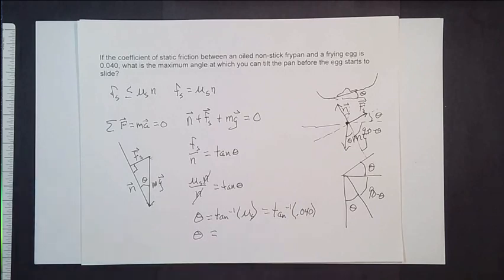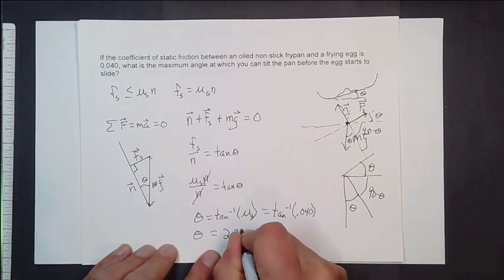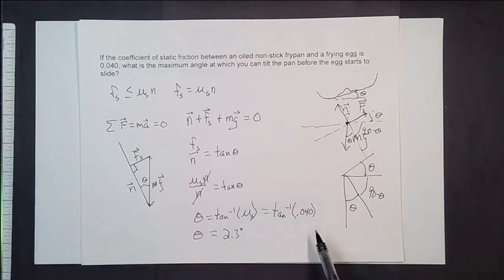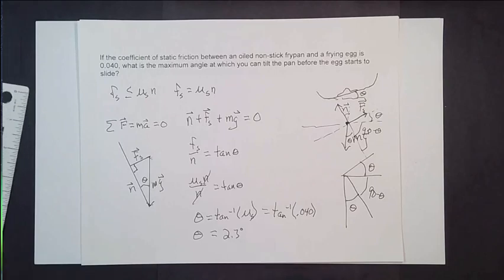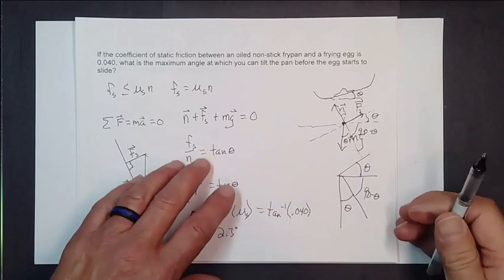Whatever that comes to. Not much. Okay, 2.3 degrees. And if it was just 0.04, you'd estimate about 2 degrees. Okay, well, you can't probably judge that easily with your eye, but your egg will slide in the pan at a pretty shallow angle if you've got a nice brand new Teflon pan and you've oiled it.